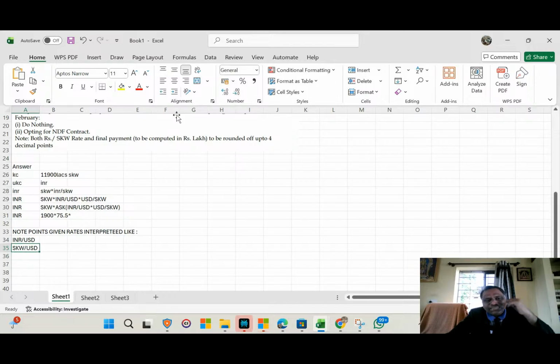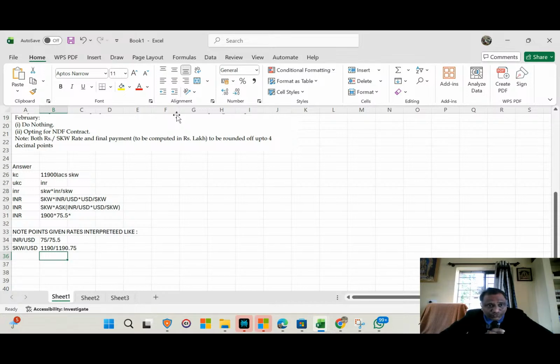These are the bid and ask rates they have given. So 75 bar 75.5, whereas 1190 bar 1190.75. So these are the rates they have given, my dear friend.